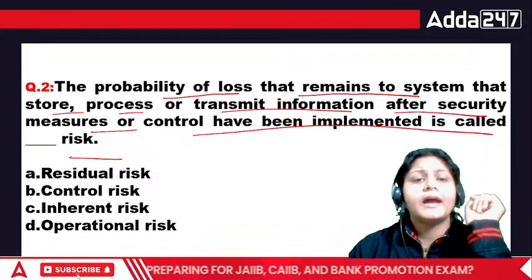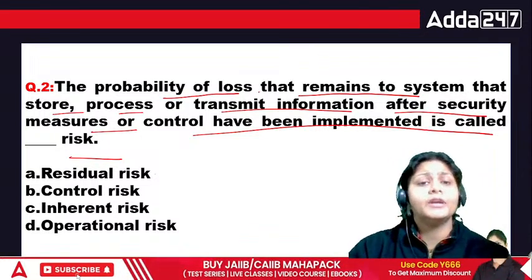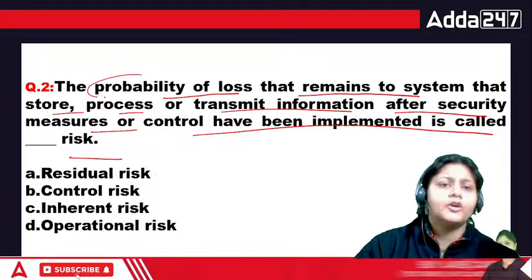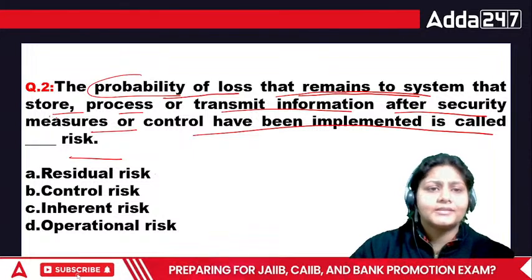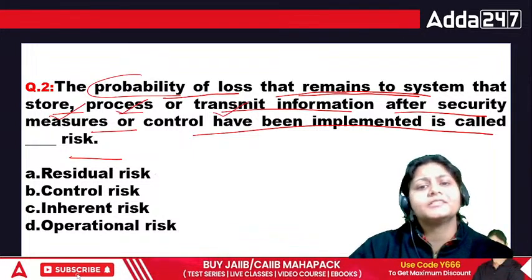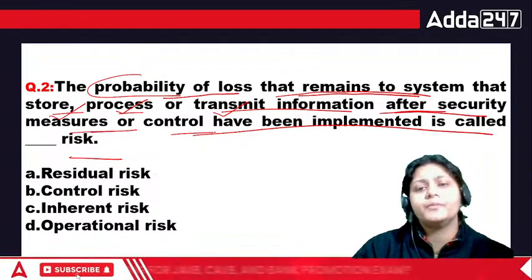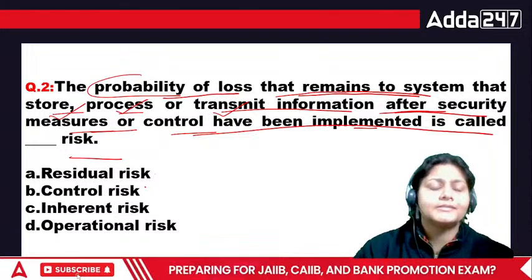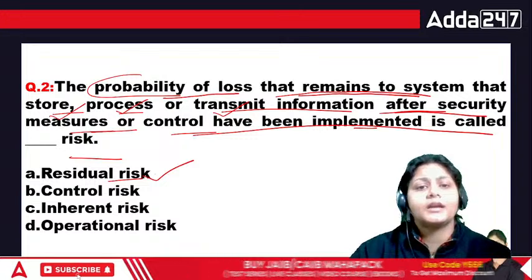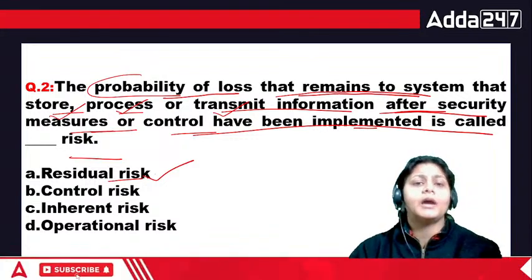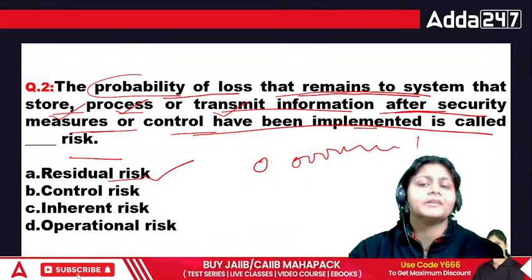The right answer here is the residual risk, right? So when we are talking about the probability of loss that always remains with the system that stores, processes or transmits the information after security measures or controls have been implemented, we call it a residual risk, because there is a probability that this type of risk can happen, even if there is a probability of 0.00001% also.